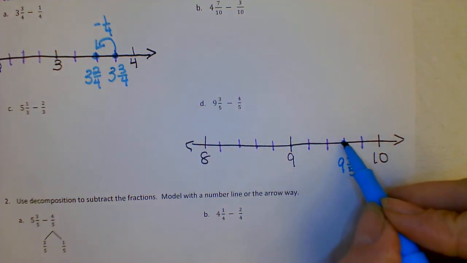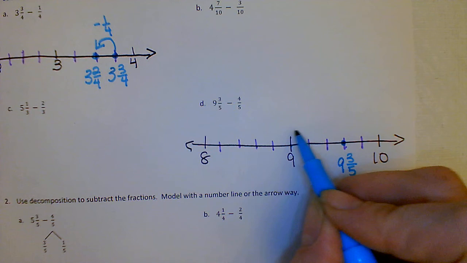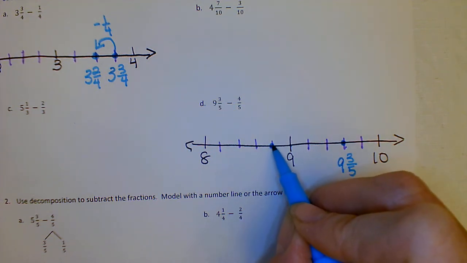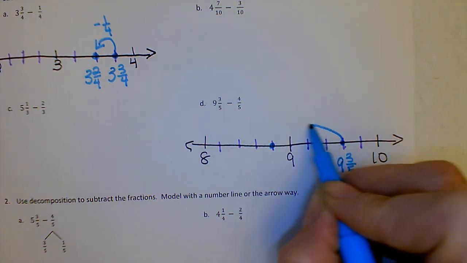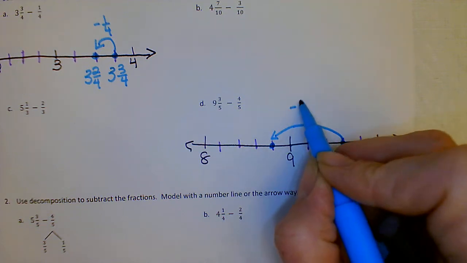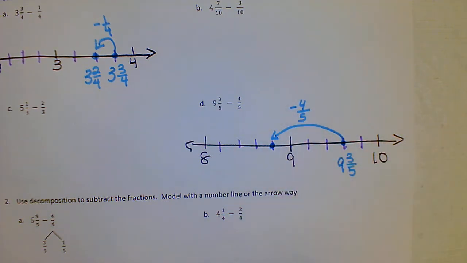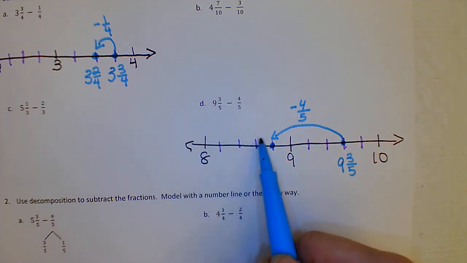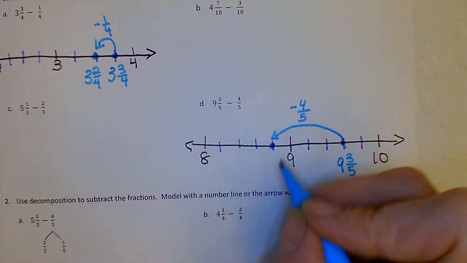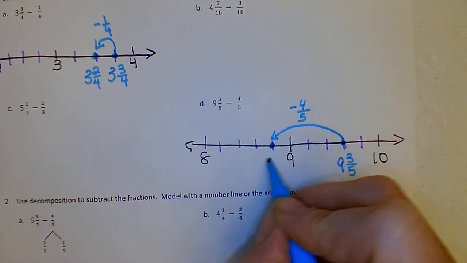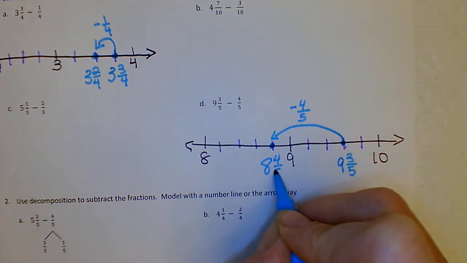So let's show 4 hops. 1, 2, 3, 4. And we have to model that. We have to say what we did. We subtracted 4/5. Now we have to tell where we landed. So we say we're at 8 and 1, 2, 3, 4/5. So we landed at 8 and 4/5.